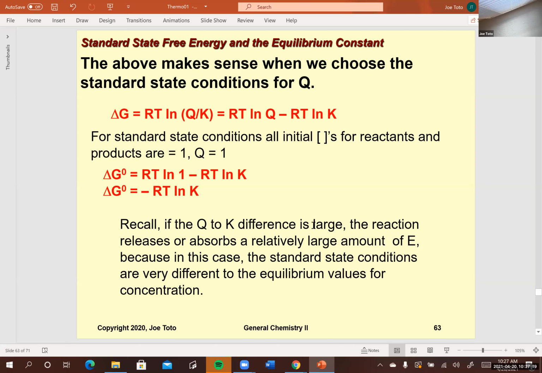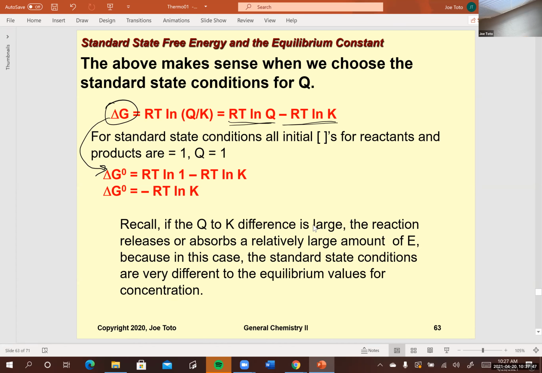I have this delta G equal to a term involving Q and a term that involves K, so it's a difference between those two terms. And as we did before, if we consider standard conditions, then this delta G turns into delta G0.